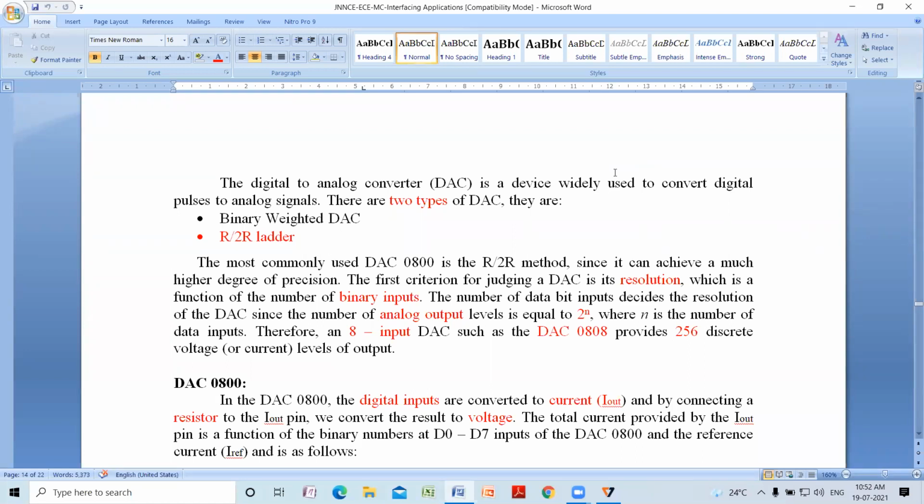Therefore, an 8-input DAC, such as DAC 0808, provides 256 discrete voltage or current pulses of the output. That is, you give digital input. Suppose if you give digital 8-bit input, how many discrete levels of analog pulses are you getting? 2 power 8, 256 levels of discrete voltage or current levels would be got.